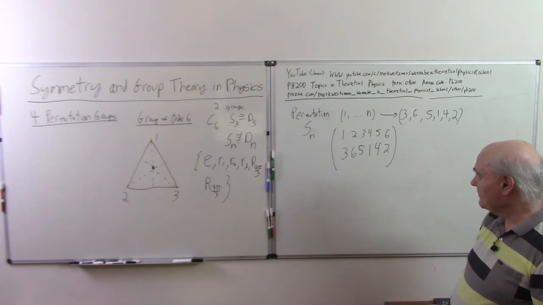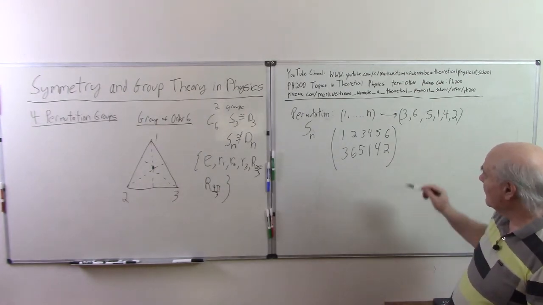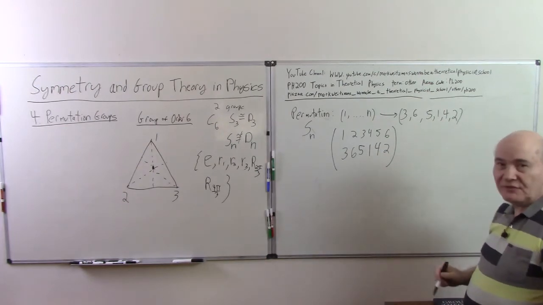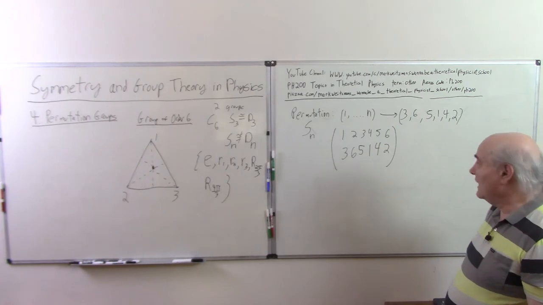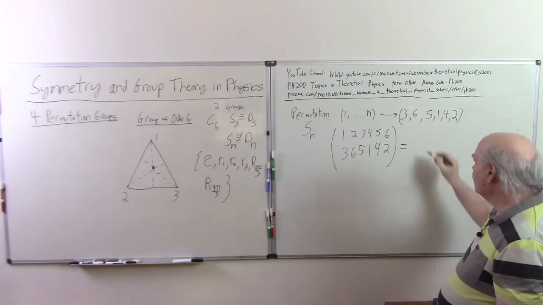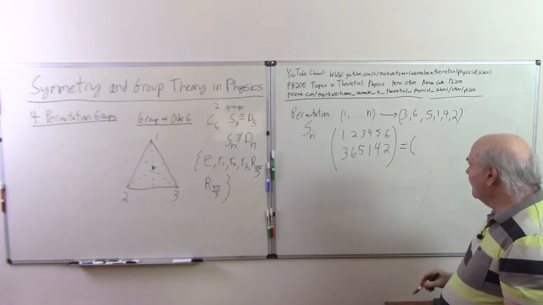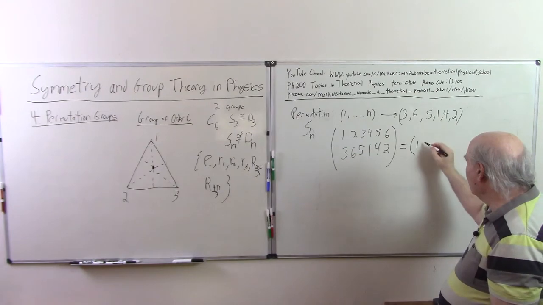Now, I said we're not going to use this notation because there's a much more convenient notation, which is called cycle notation, and I'll define that now. In cycle notation, we start with an element, let's say 1, which goes to 3.